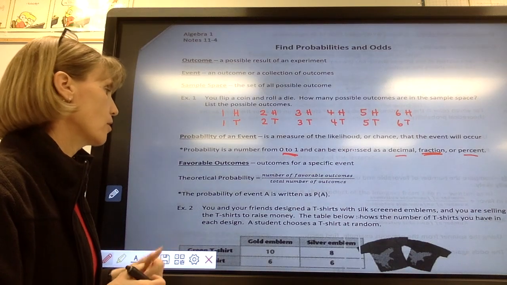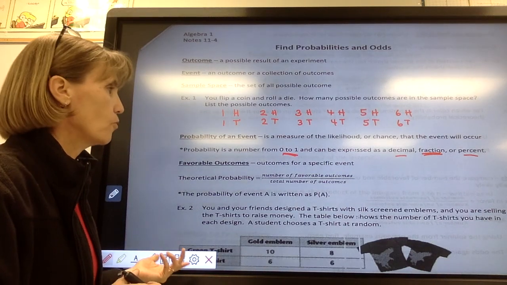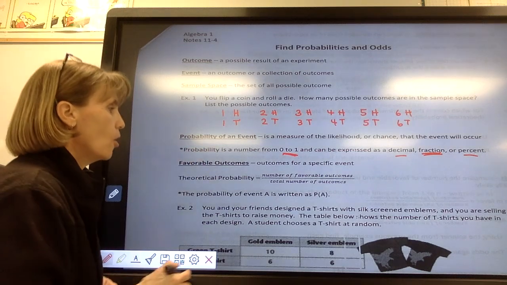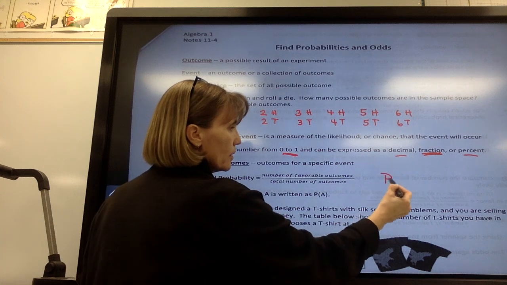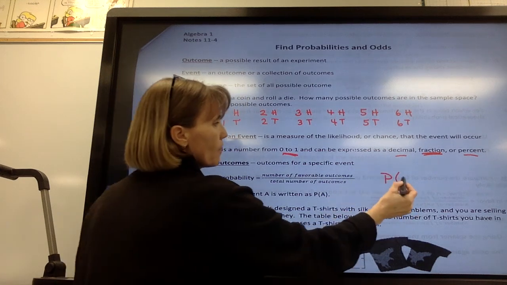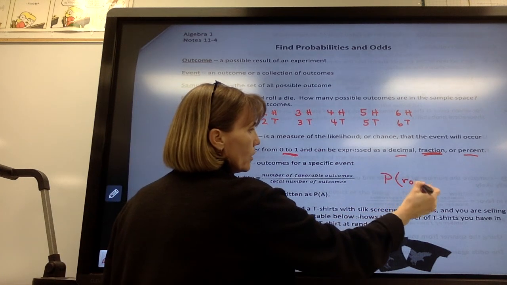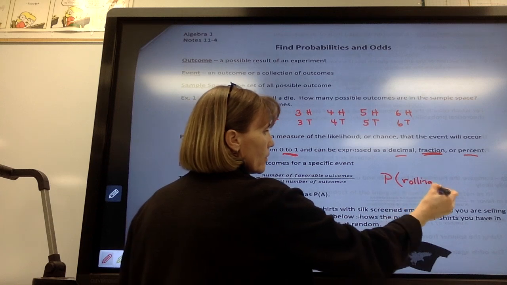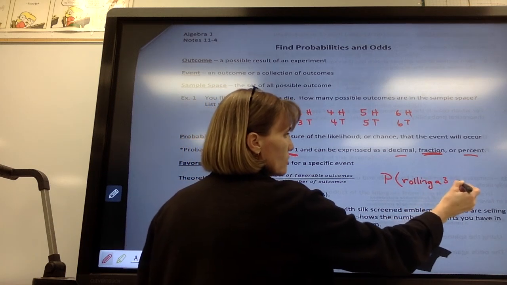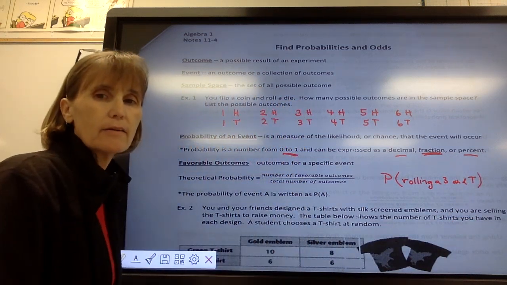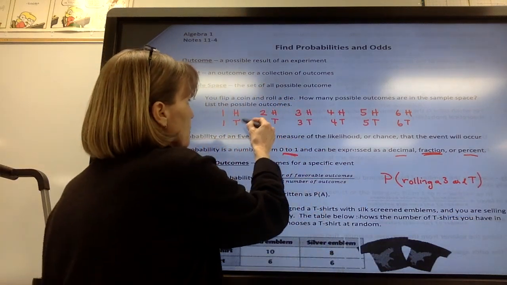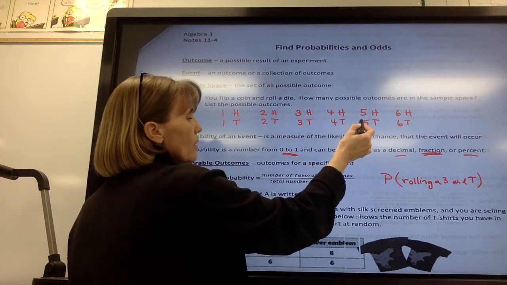Favorable outcomes are the outcomes that you desire to happen. So, for example, if I went back up here and I said, what is the probability of an event happening? We use probability P. So if I said, what's the probability of rolling a 3 and tails, then how many times up here does that happen?